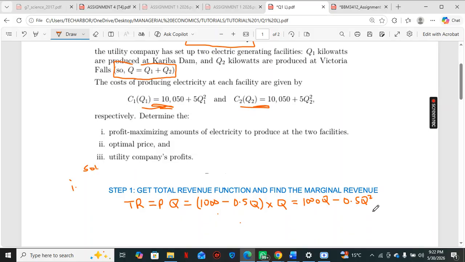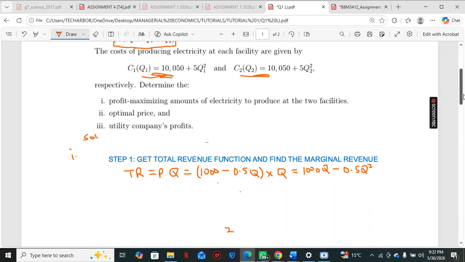Okay, that is our total revenue function. I hope we're all clear with that. Remember, if you've got any questions, feel free to ask.